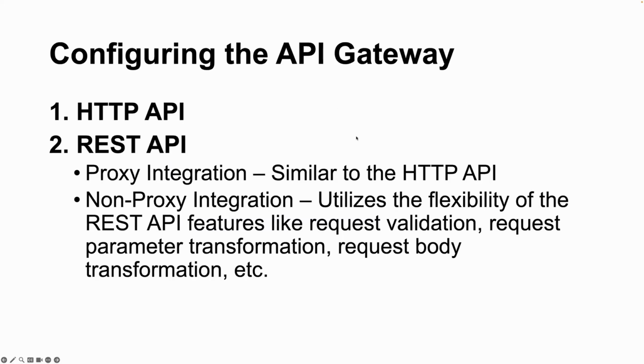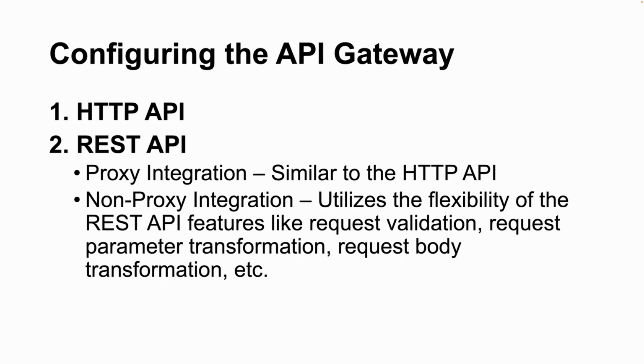So in the previous video, I have shown you how to configure the API Gateway with REST API with the proxy integration, and the proxy integration is just similar to the HTTP API, where you just have the features of the REST API.